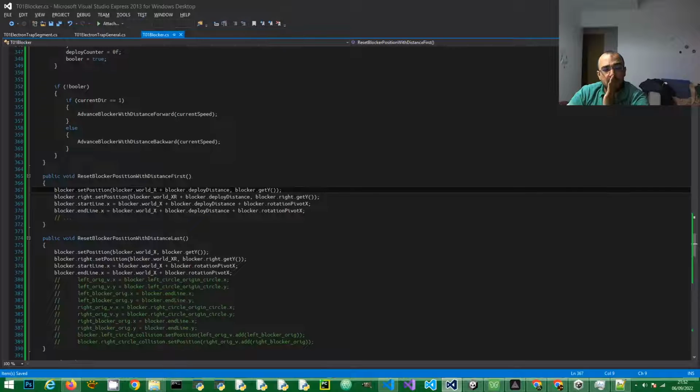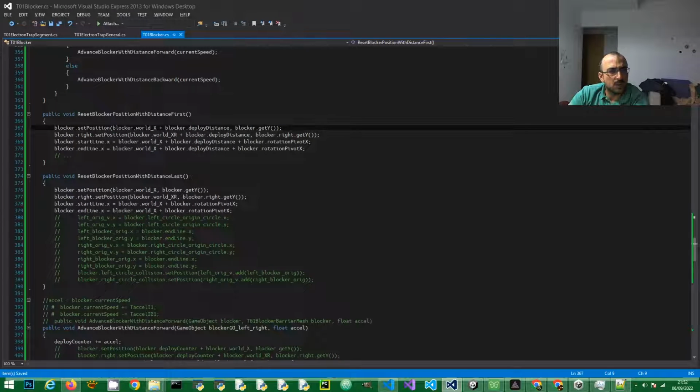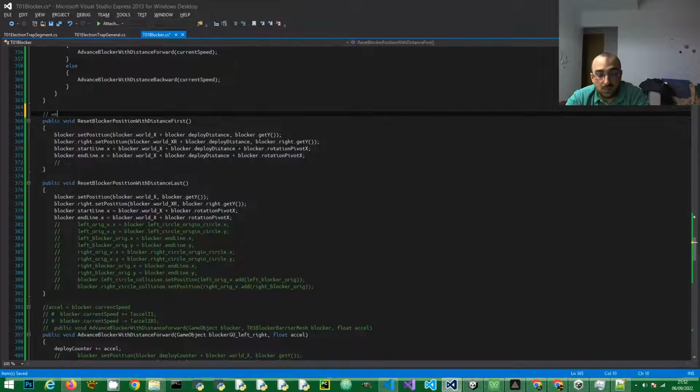That's not a way to change position. That's not a way to change position. Put block library distance. This will be okay. Alright, okay. We basically need to reset position of blocker. Is this okay?